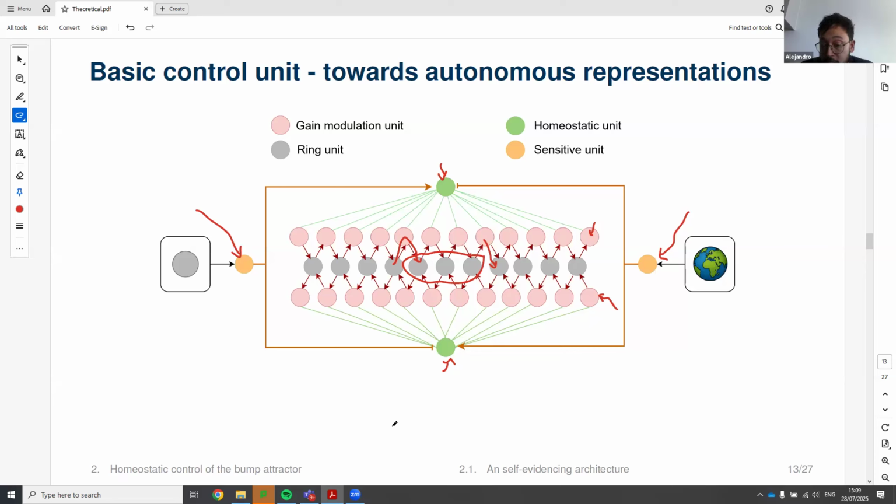You see it in the motivational systems in the hypothalamus, where you have approach and avoid neurons that also work in this opposite manner. We find it a really useful connectivity pattern to control the bump. So as you may already anticipate, the bump will move to adapt to the imbalances between these two inputs.